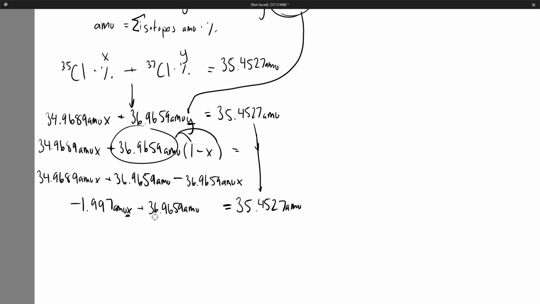First we start off by subtracting this 36.9659 amu from both sides.